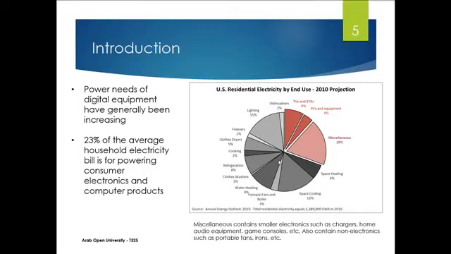If we have a look at some figures, we can look at this pie chart that represents United States residential electricity consumption, and we see that around 31% of the consumption is related to devices that are considered small electronics, such as TVs, set-top boxes, PCs and equipment, and all the handheld devices. In the United Kingdom, 23% of the average household electricity bill is for consumer electronics and computer products.